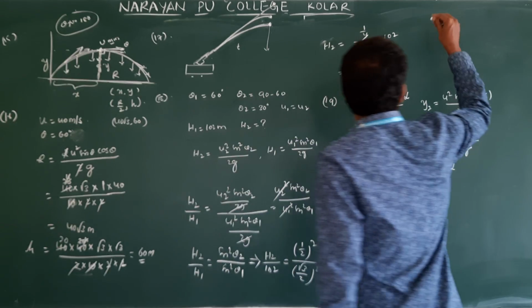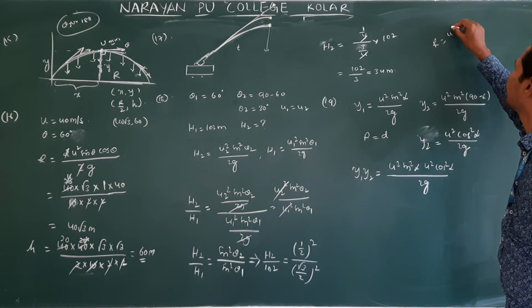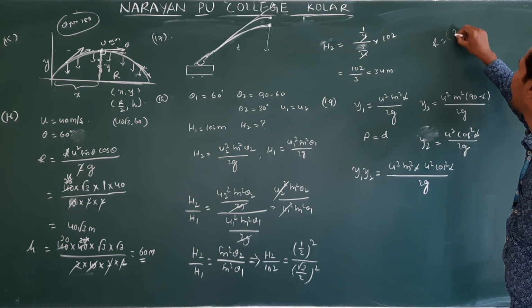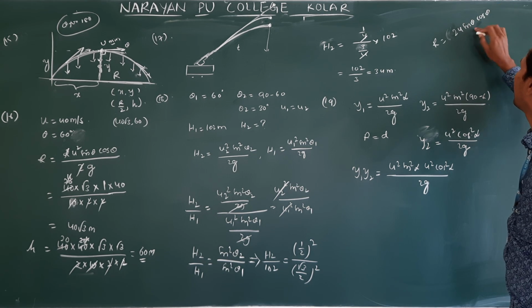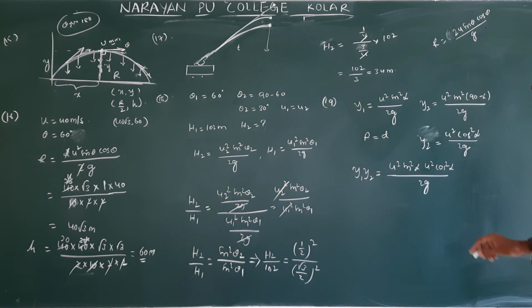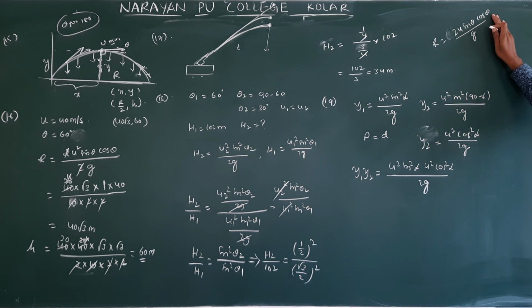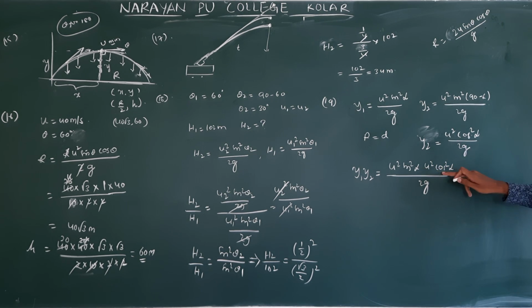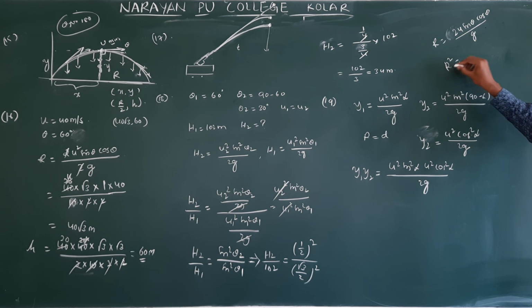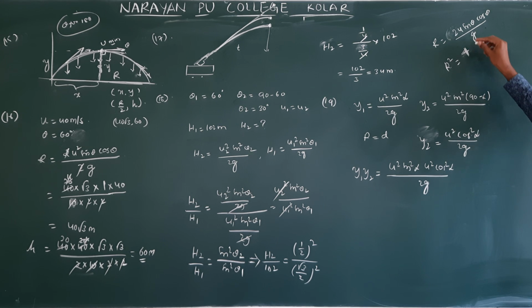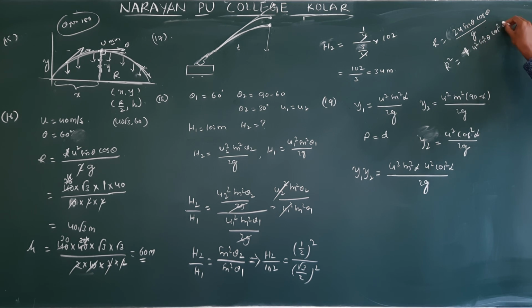Okay, the general R formula, you know, R is equal to 2u sin theta cos theta by g. But here we have square terms. So if I write R square, what would it be? 2 square is 4, so 4 u square sin square theta cos square theta by g square.